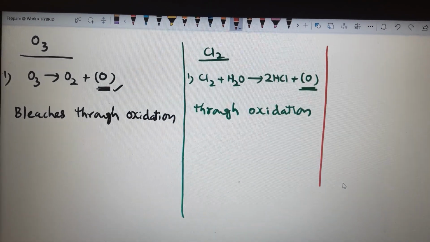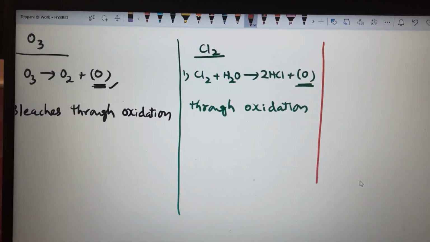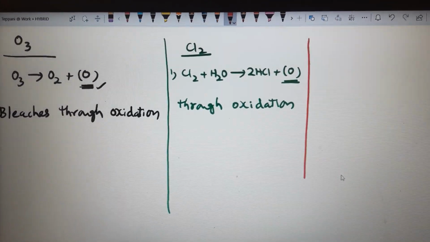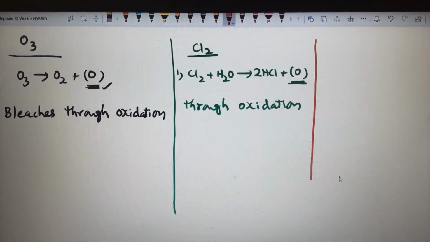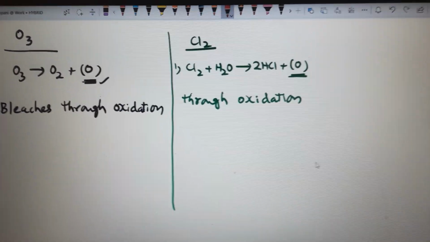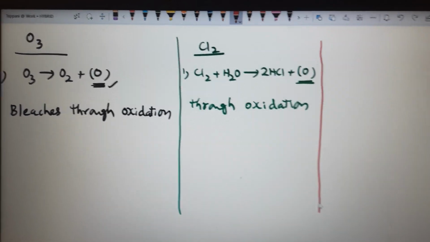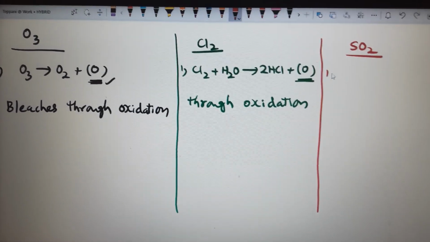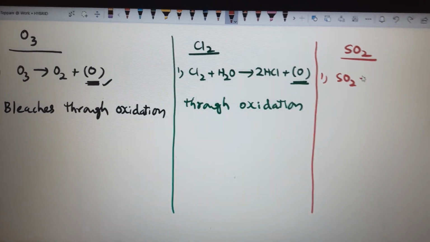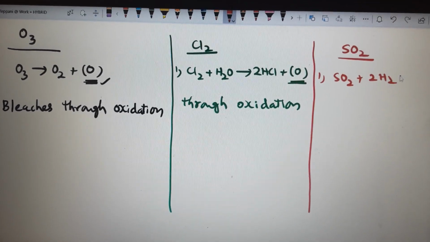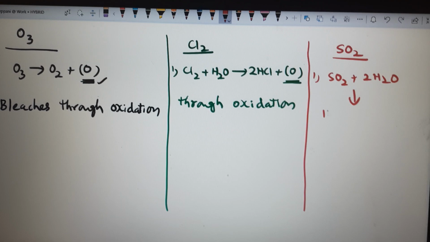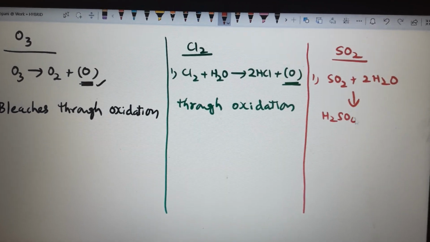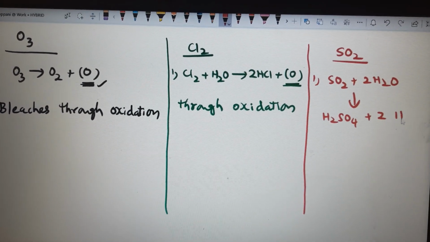But what about SO2? SO2 also requires moisture, with water forming H2SO4 and two hydrogens.